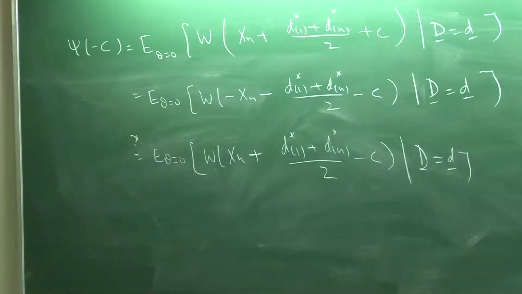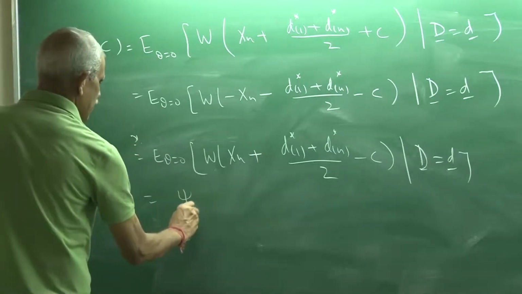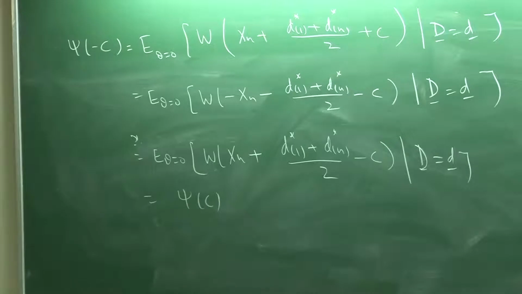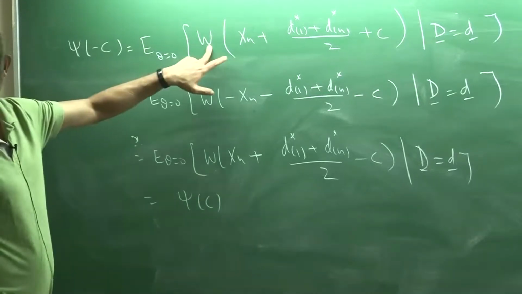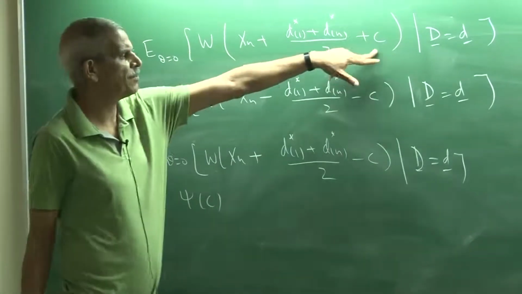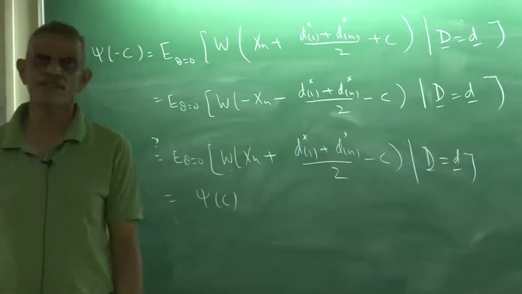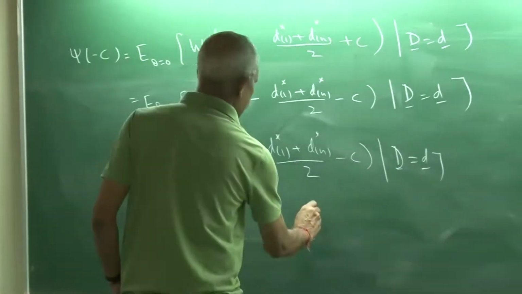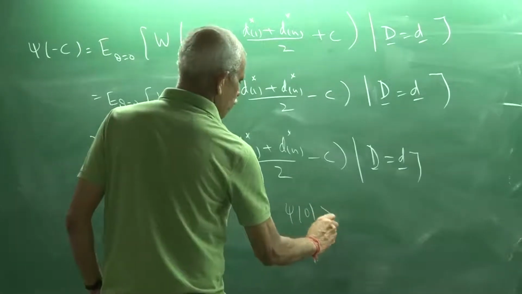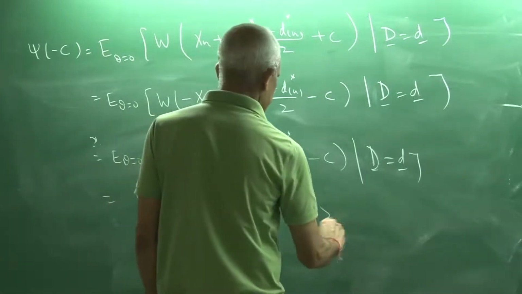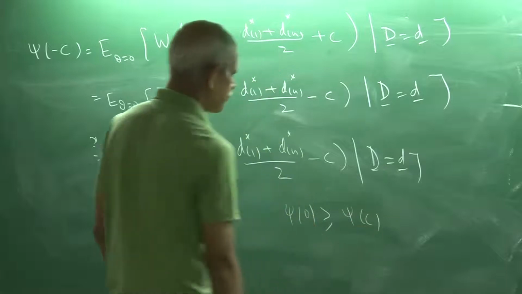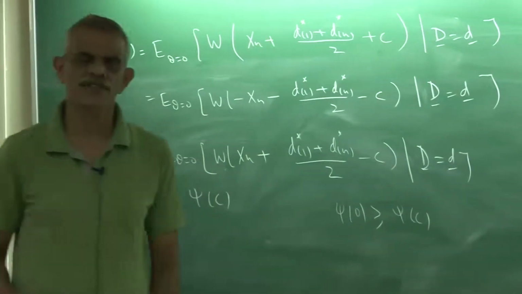If I can show that, then this is psi of c. Psi is convex because w is convex. I can take the double derivative with respect to c. It is a convex function of c. So, psi of 0 will always be greater than or equal to psi of c, the way we did it for the normal distribution.